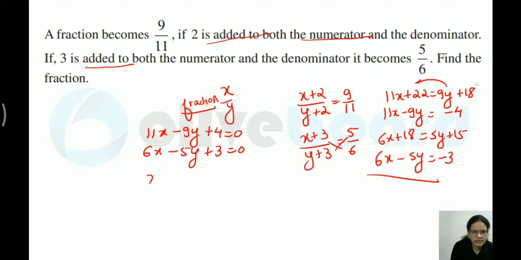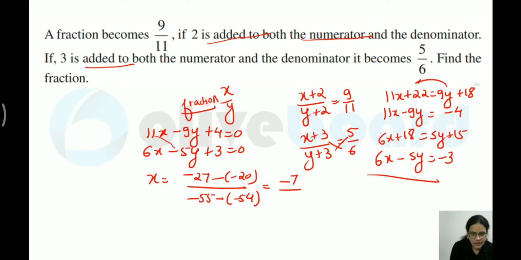Apply the cross method. So what will you get? Minus 27 minus of minus 20. Okay, and apply it here. Minus 55 minus of minus 54. So what would be my answer? If I calculate this value, it would be minus 7 divided by, I can check it over here, minus 1.